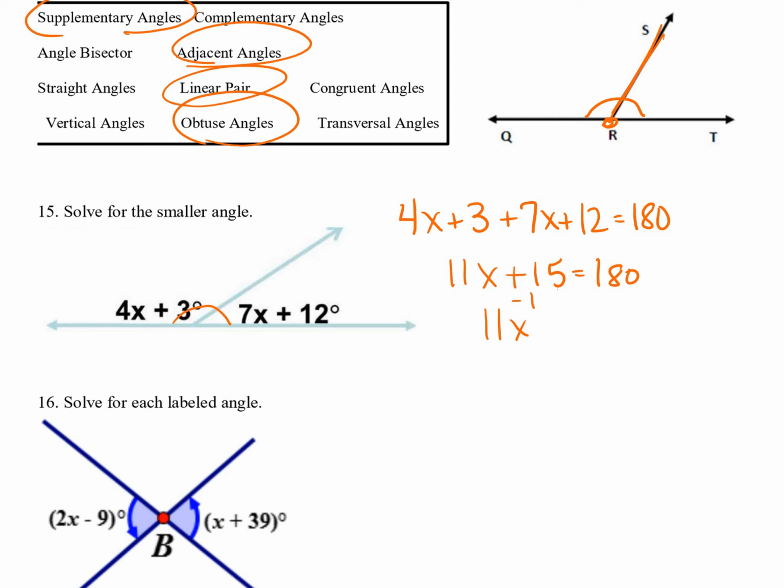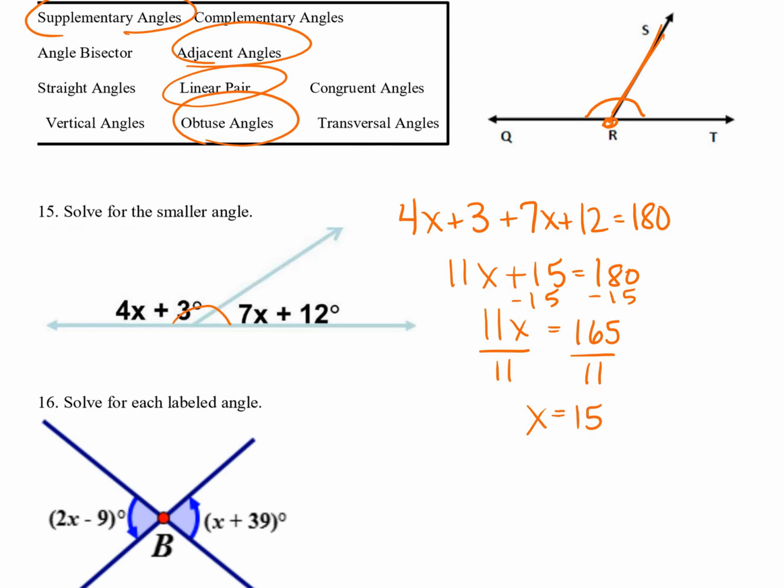Subtract 15 on both sides, 11x equals 165. Divide both sides by 11. X equals 15.